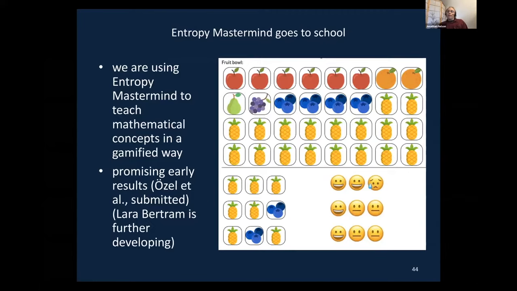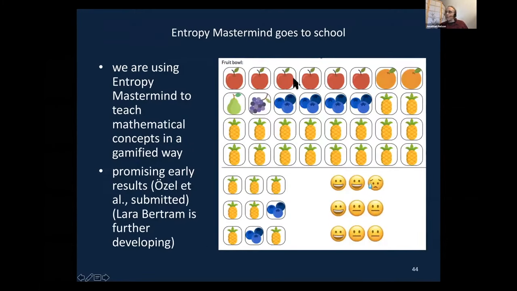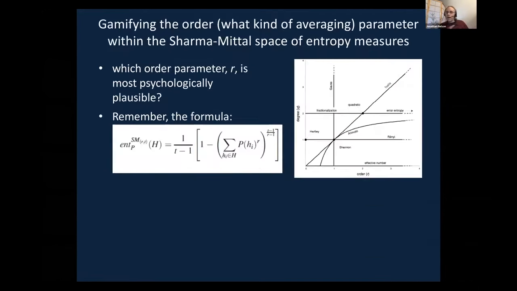So let's just say there are different kinds of fruit bowls that we could have. And I think you can see for any fruit bowl, we could describe the probability of drawing a pineapple, blueberry, etc. Now, we've got this mathematical model that I introduced of possible ways to talk about entropy.